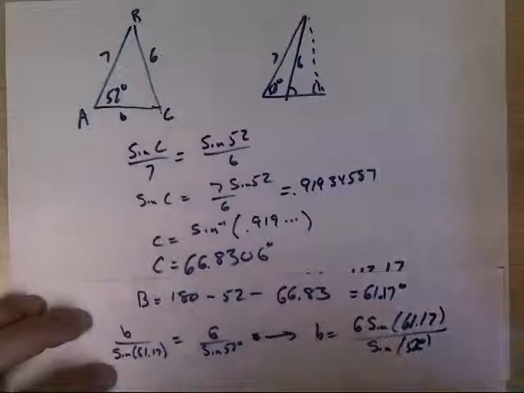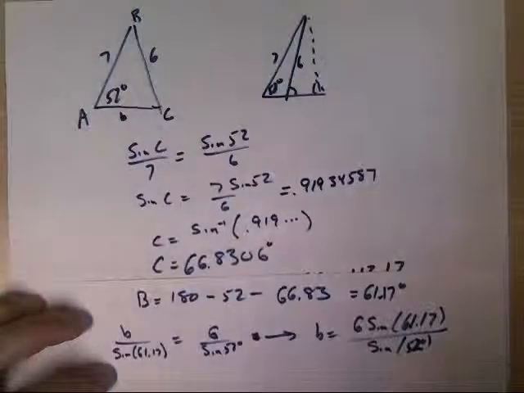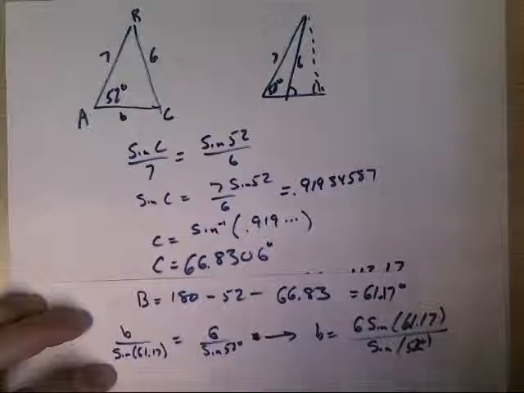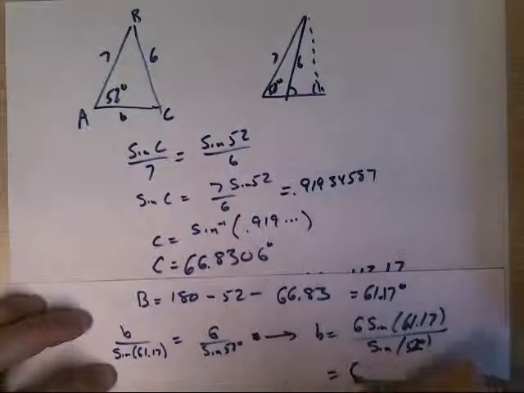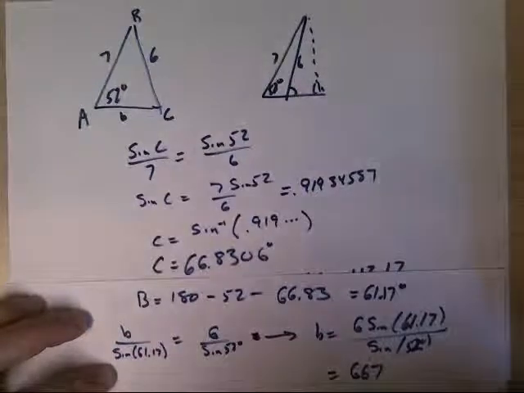Right? So here we go. Actually, it's 6 times, not 6 divided by. So 6 times that divided by the sine of 52. Okay. And that gives me B equals 6.67.